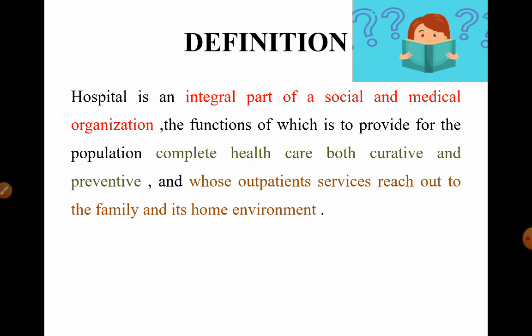Basically the hospital is an integral part of a social and medical organization which provides curative as well as preventive healthcare, as well as outpatient services when necessary for the patients.